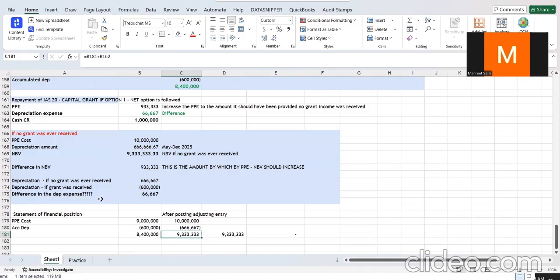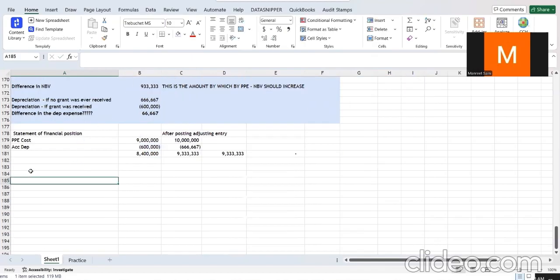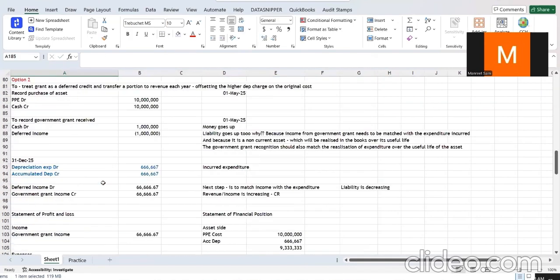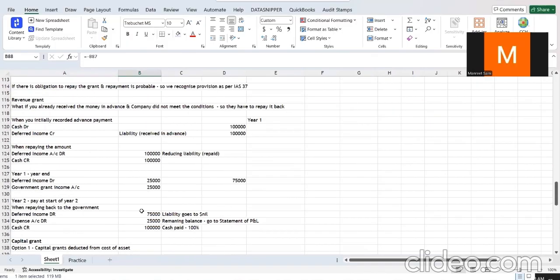Okay, so now moving onward, if option 2 is followed, guys, option 2 is very easy. Option 2, if you remember, is that you recognize everything in the deferred income, right? You don't net it against the asset.